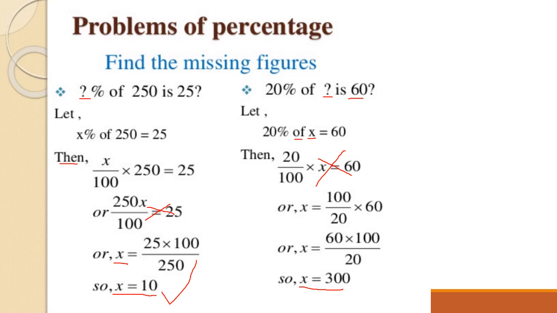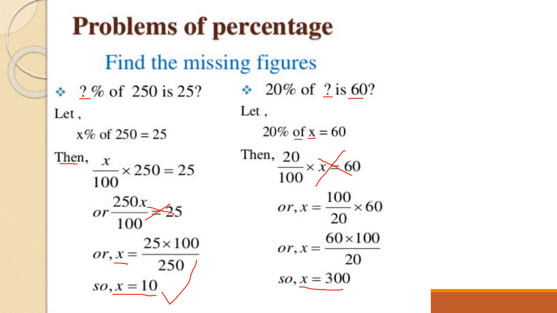So we change x percent into a fraction. How? By removing the percent sign, we put 100 here. x upon 100 multiplied by 250 is equal to 25. So when you solve it, because x is multiplied by 250, we get 250x divided by 100 is equal to 25.